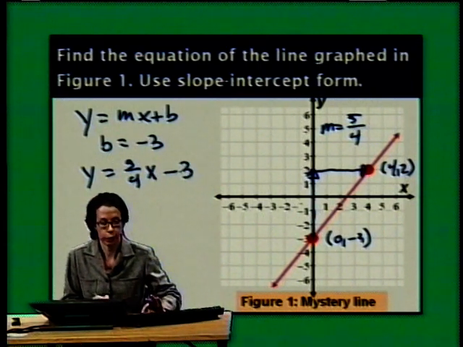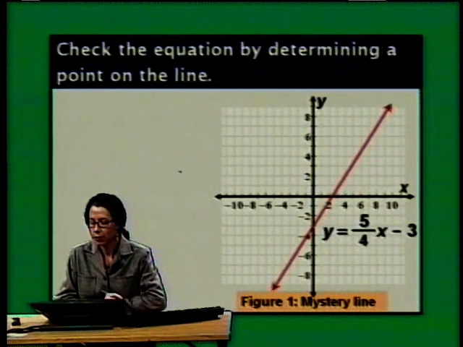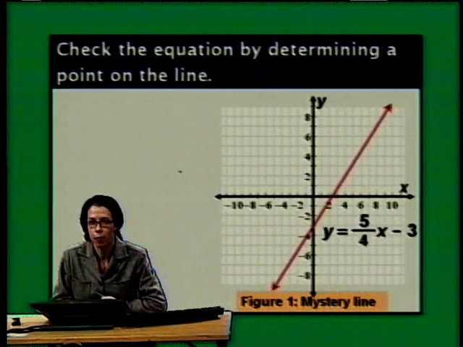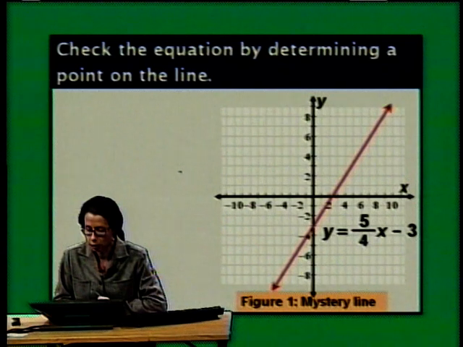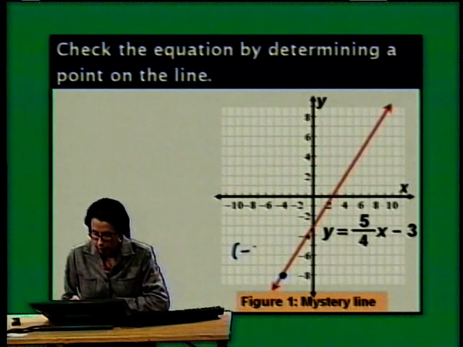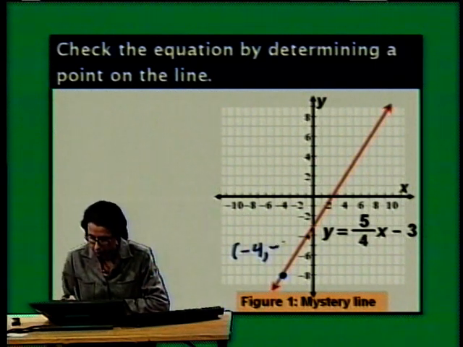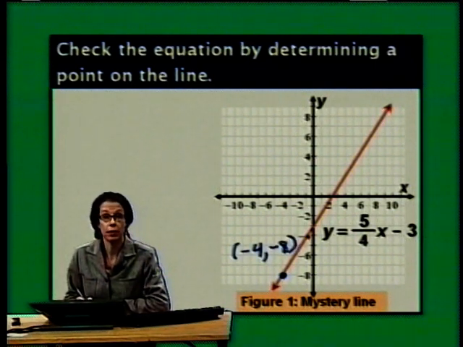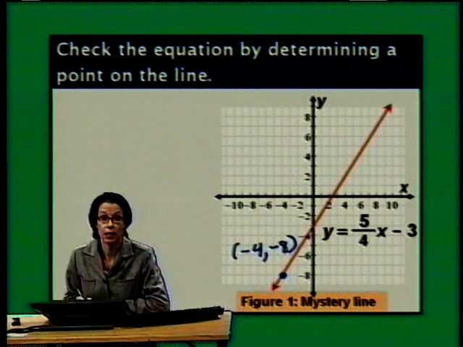Let's check our work. I have here the same line. The scale's a little bit different because I wanted to try a different point. And the point on the line that I see here is (-4, -8). And I want to check to see that this satisfies the equation.